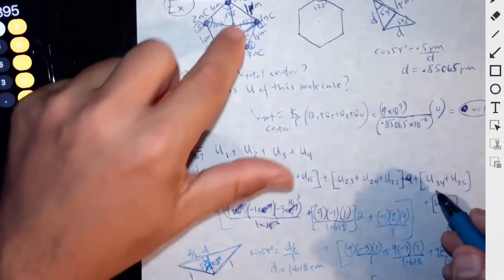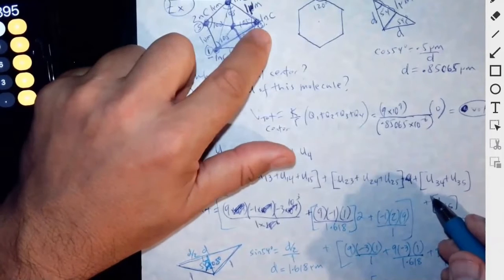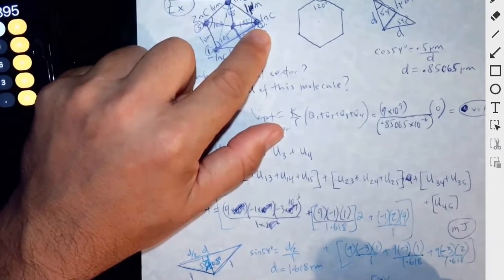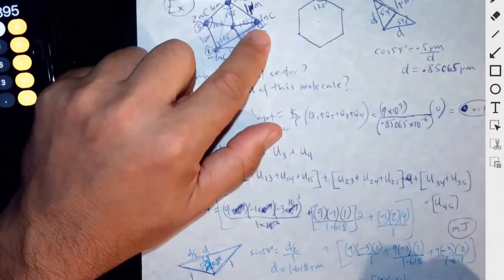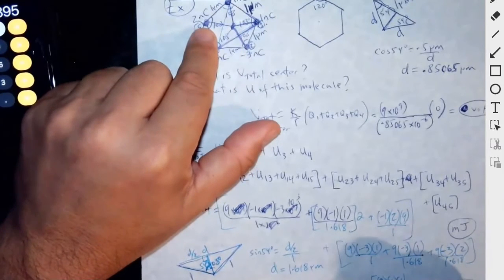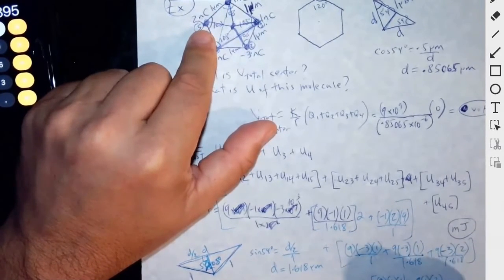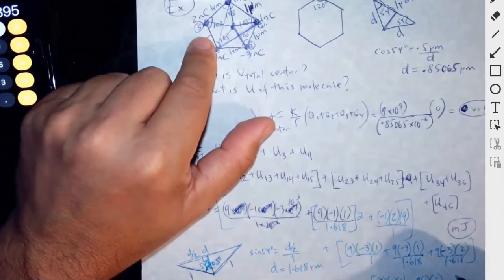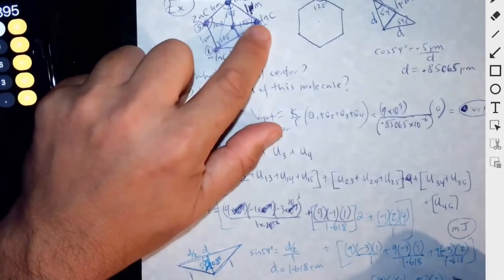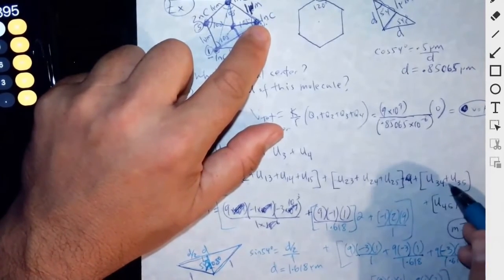Okay, U34 is with this, so 9, 1, 1 over 1. This with this, 9, 1, 2 over 1.618. And then that's it. That was just 2 of them. It's this one. Oh, you guys can't see it, huh?